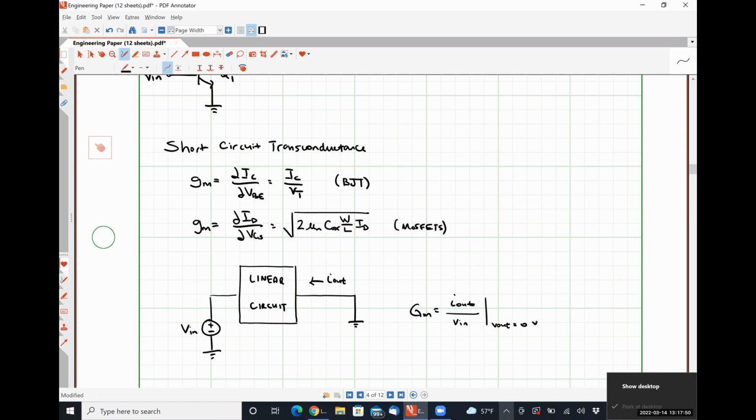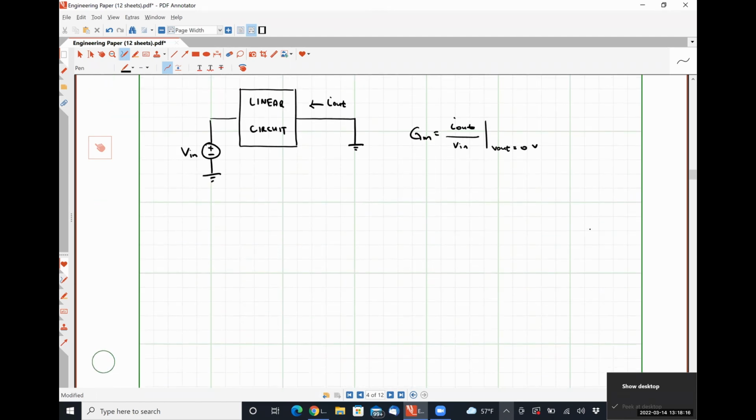The concept of short circuit transconductance represents the circuit's ability to convert an input voltage into an output current, and it allows us to approach the concept of voltage gain from a different perspective.